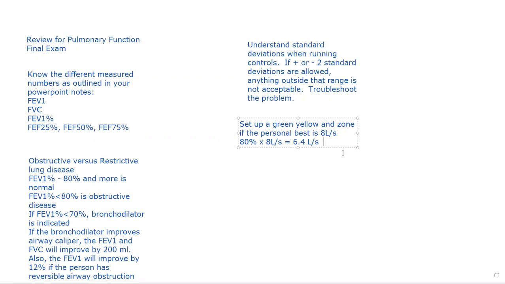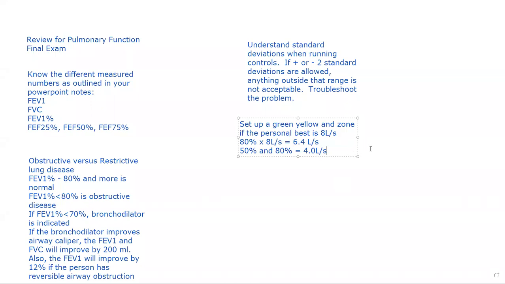But when it's less than 80%, when it goes between 50 and 80%, then if the patient is on long-term inhaled steroids or a long-term beta-2 agonist like salmeterol, and their peak flows are decreasing, they need to increase their short-term beta-2 agonist, and that should help improve their peak flows.